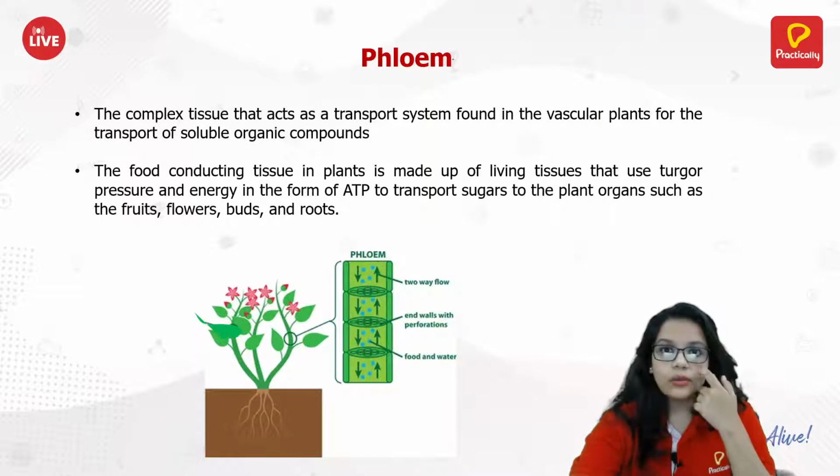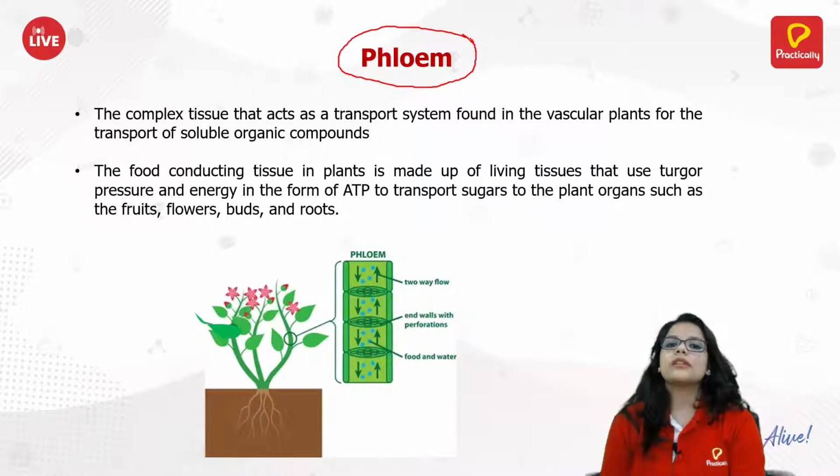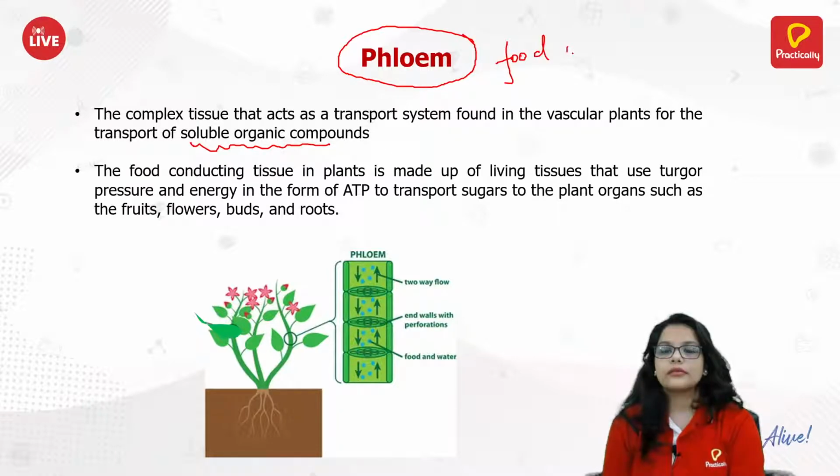Okay. Now the last one, the phloem. What is the difference between the xylem and the phloem? What happens here is, apart from water and minerals, they also transport soluble organic compounds. So these are food conducting.